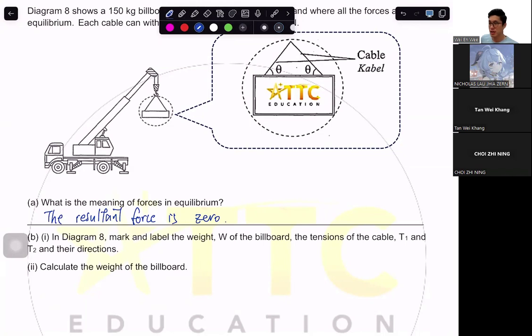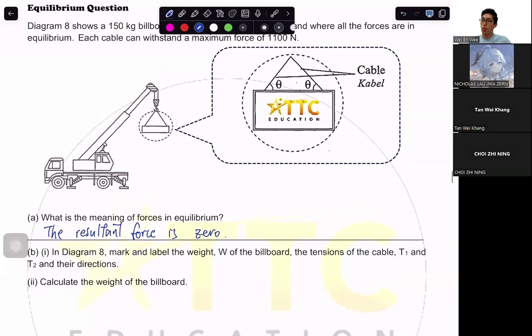Okay, next. In the diagram, mark and label the weight of the billboard, the tension of the cable T1 and T2, and their directions. First of all, the weight will always be pointing down towards the floor because of gravity.